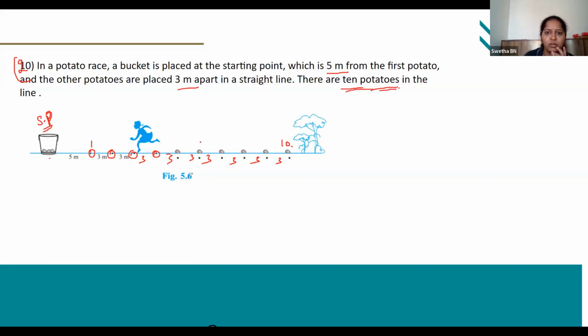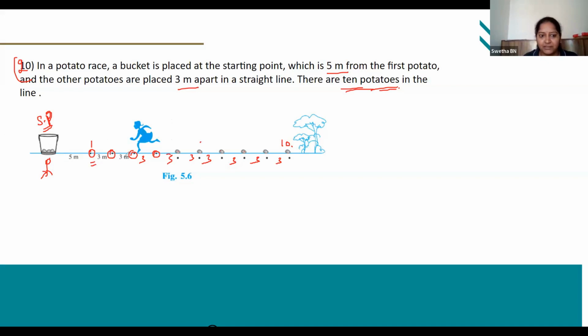Ten potatoes are there. So what is the question here? One second, children. Okay, I'll read out the question. Competitors start from the bucket. She will start from here, children. Then she has to pick the potato and come back and put it into the bucket.